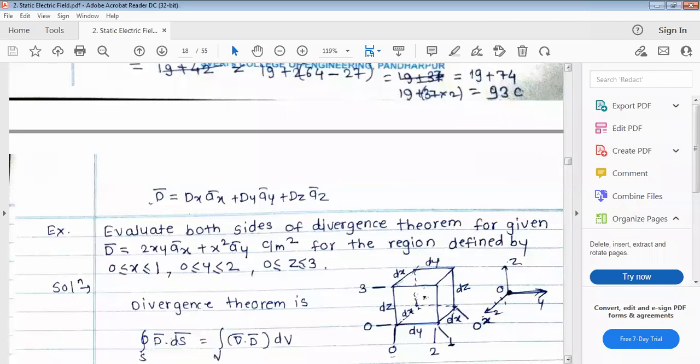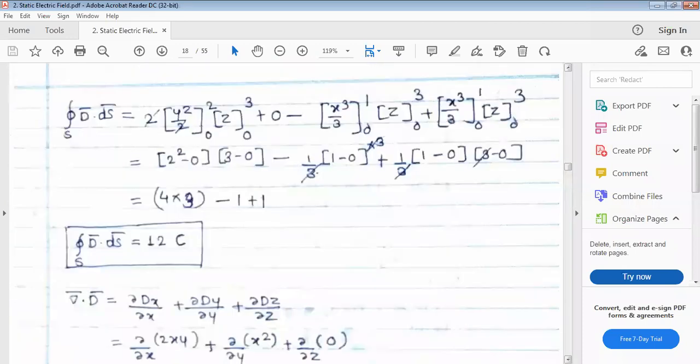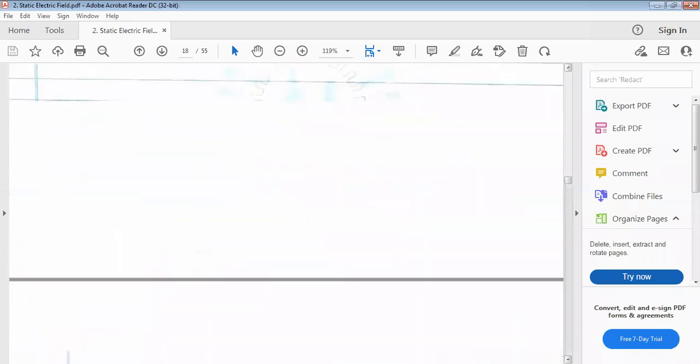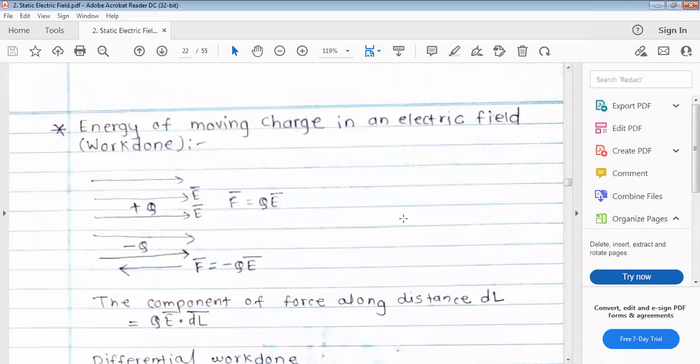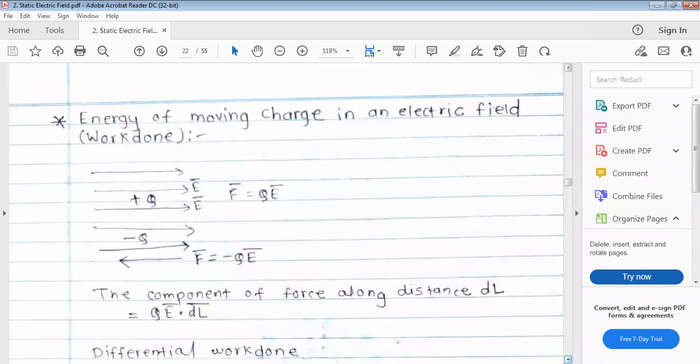Now we'll see the next important point: the energy of a moving charge in an electric field, which is also called work done. Everyone concentrate.